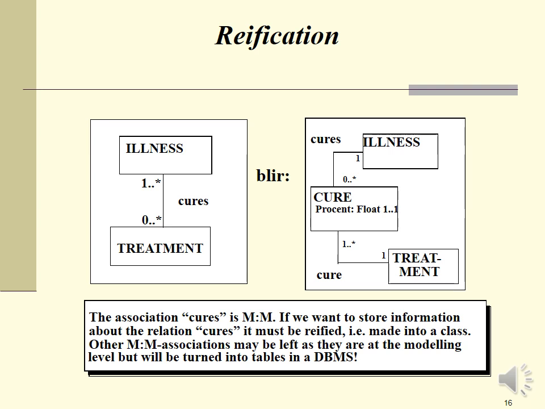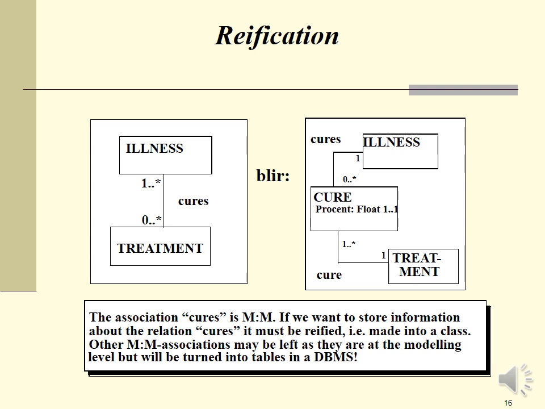And there are several ways to solve this in UML. What I'm showing here is a so-called reification class. That is, to put an ordinary class between the two original classes that used to be connected with a many-to-many association. And then you create a new association from the new class to the first original class, and another association from the new class to the second original class.